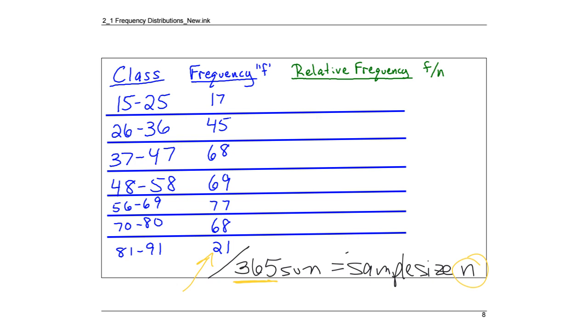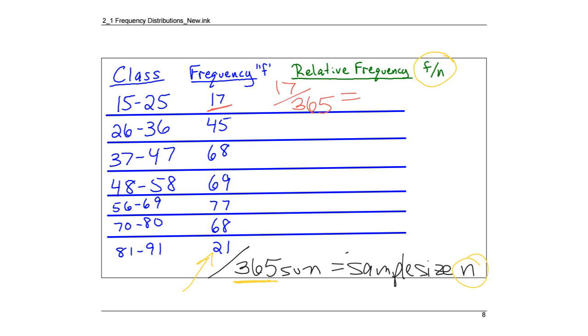So now I'm going to do a percent. So I want the piece over the total. We're going to say that that's the frequency over the sample size, F over N. So for this first one, I'm going to take the 17, that is the frequency, divide that by 365. And they wanted 2 decimal places because they wanted hundredths.